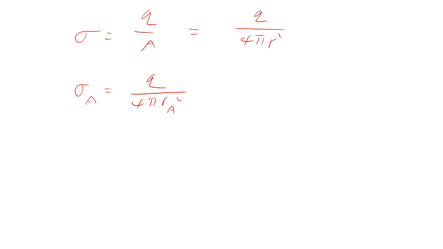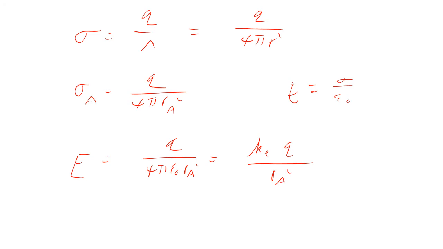We also know that E is sigma over epsilon naught, and so that means the electric field would be Q over 4 pi epsilon naught RA squared, but 1 over 4 pi epsilon naught is K. And notice, both of those are really the same thing. Okay. So, again, all this stuff is self-consistent.